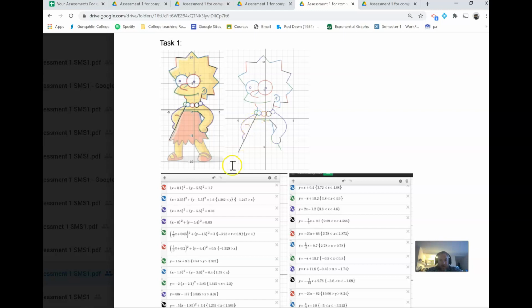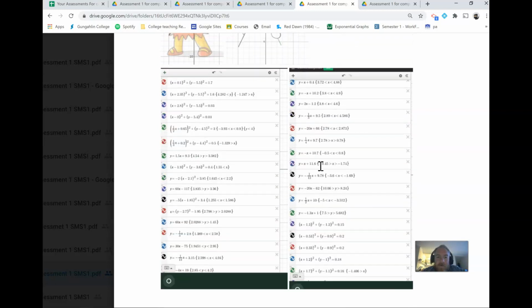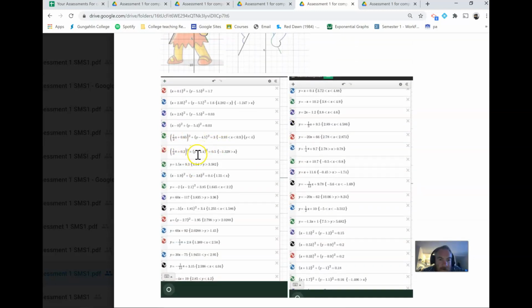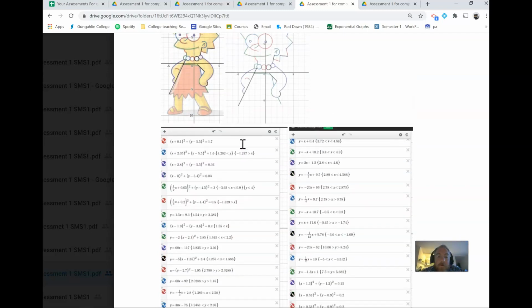You can see the straight one looks a little bit out of place because the curved one here is just so good. What would that be? That'd be x equals something or other. I just want to see if they've got the hole in the line, like if they've done two domain and range restrictions. That would be very impressive.